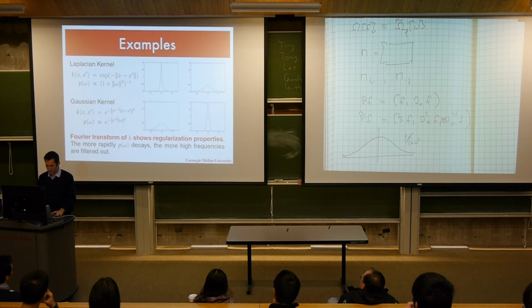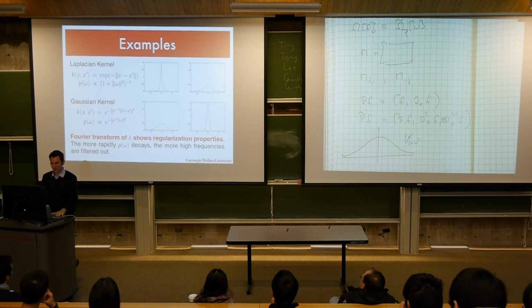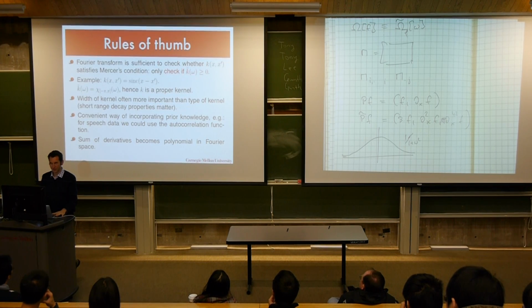And on top of that, it also gives you a really easy condition to check whether something is a proper kernel or not. At least for translation invariant kernels, you just take the object, you Fourier transform, any zeros, well, you know that you don't have to worry about it. Any negative parts, you can just right away throw it out.